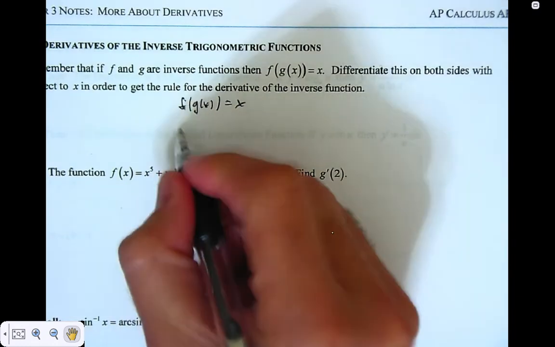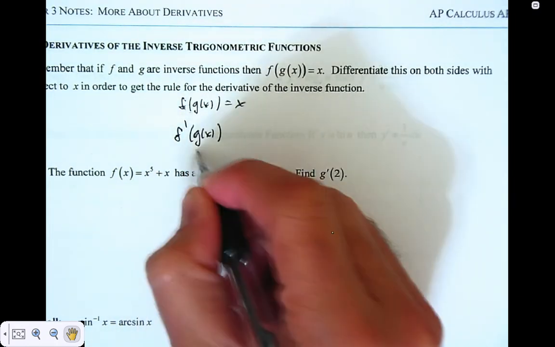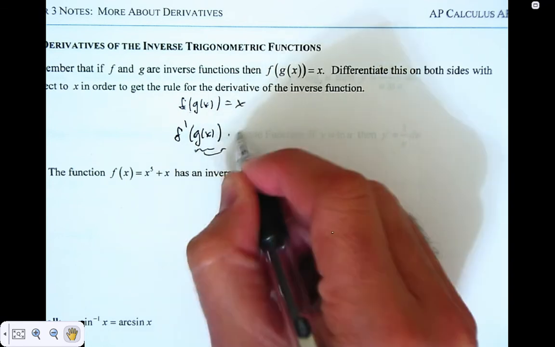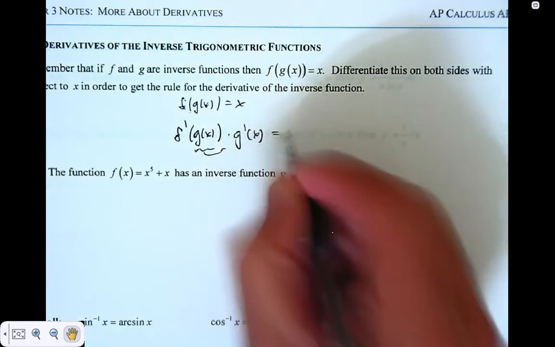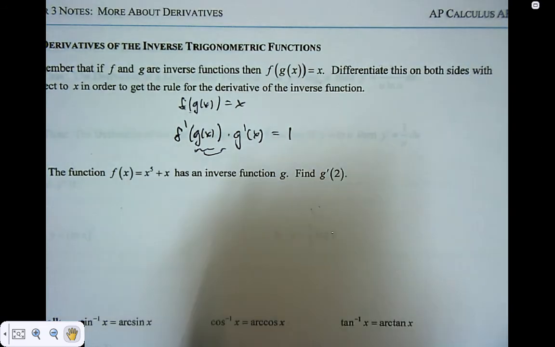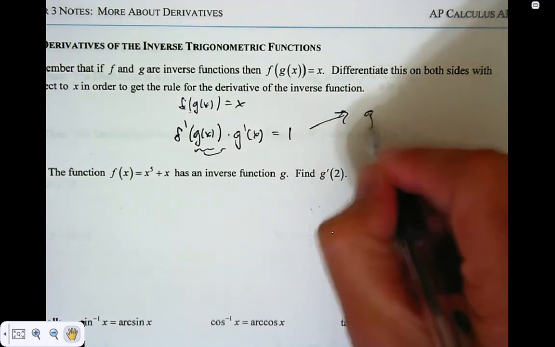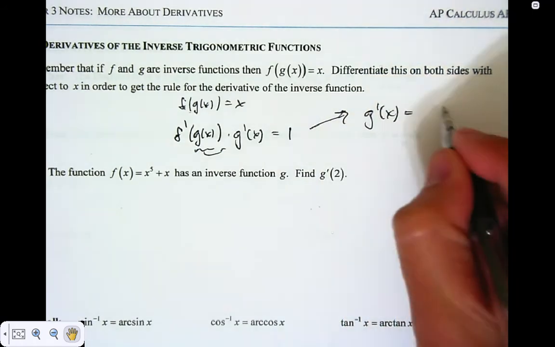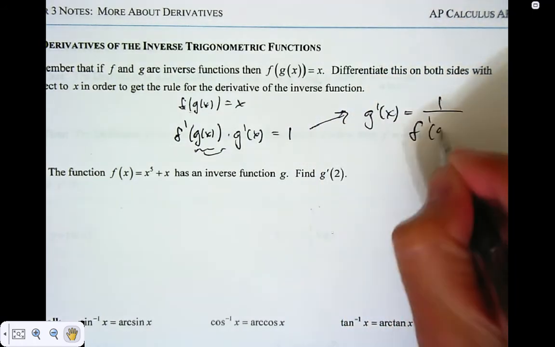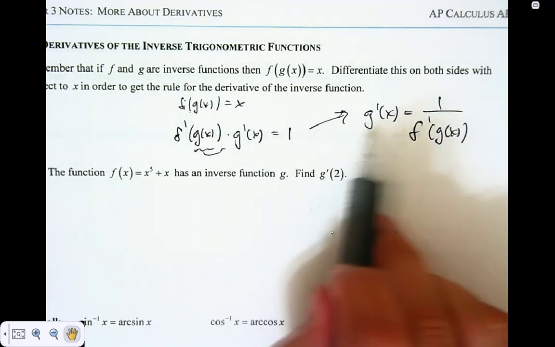So the derivative of f is f prime of the stuff, but then it's times the derivative of the stuff, which is g prime. And then over here, the derivative of x is just 1. So let's solve for g prime of x then. Now I could say, well, g prime of x would be 1 over f prime of g of x. So I use the chain rule and I solved for it.